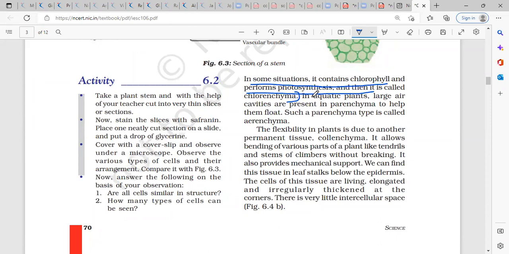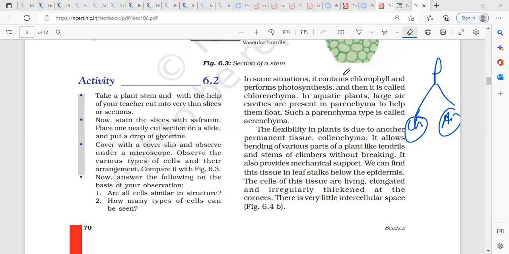In aquatic plants, large air cavities are present in parenchyma to help them float. Such parenchyma is called aerenchyma. So parenchyma is of two types: chlorenchyma when it contains chlorophyll, and aerenchyma when air cavities are there, because of which it floats in water. Clear?